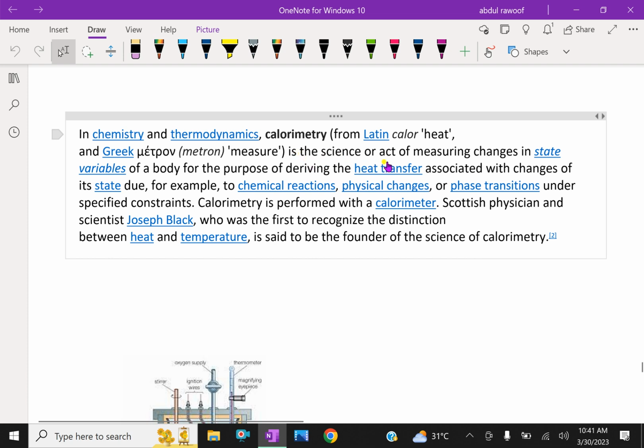Calorimetry is the science or act of measuring changes in state variables for the purpose of deriving the heat transfer associated with changes of state due, for example, to chemical reactions, physical changes or phase transitions under specified constraints. Calorimetry is performed with a calorimeter. Scottish physician and scientist Joseph Black, who was the first to recognize the distinction between heat and temperature, is said to be the founder of the science of calorimetry.